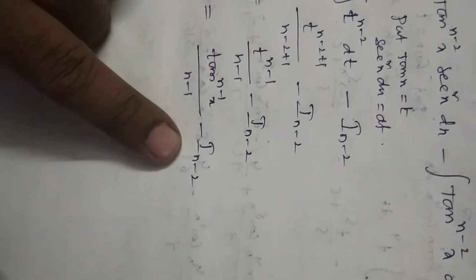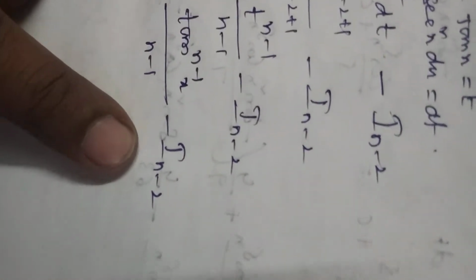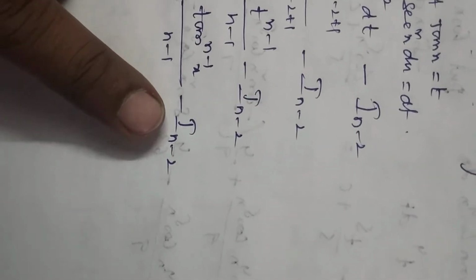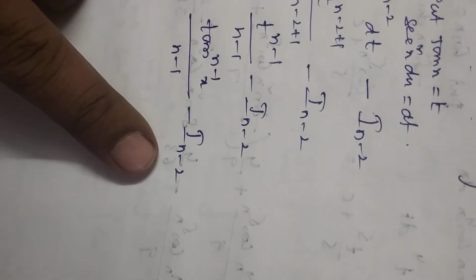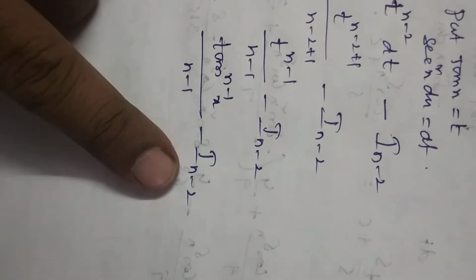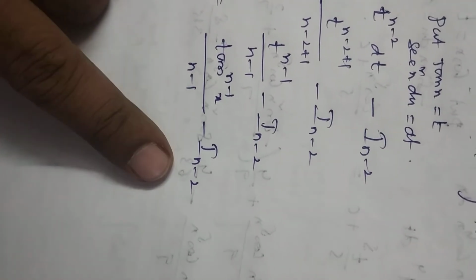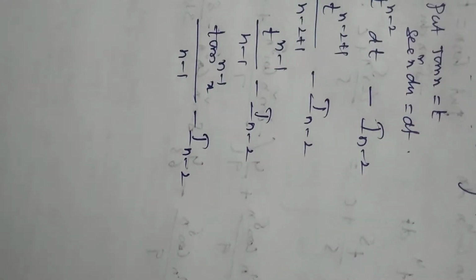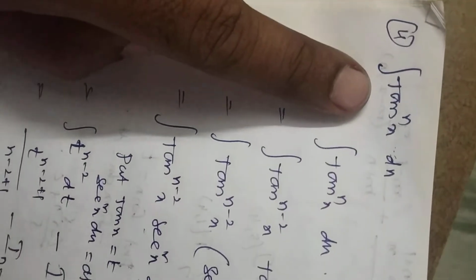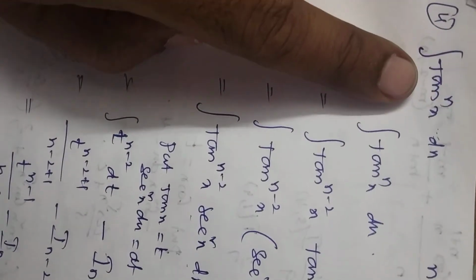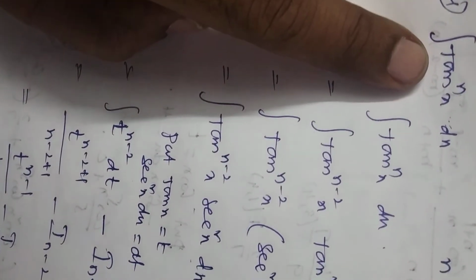Here also remember that when n is an even number, suppose 6, then 6 minus 2 is 4, next 4 minus 2, again I_2, next 2 minus 2, I_0. I_0 is equal to what? Here tan^0 x means 1 dx. So the integration of 1 dx is equal to x.